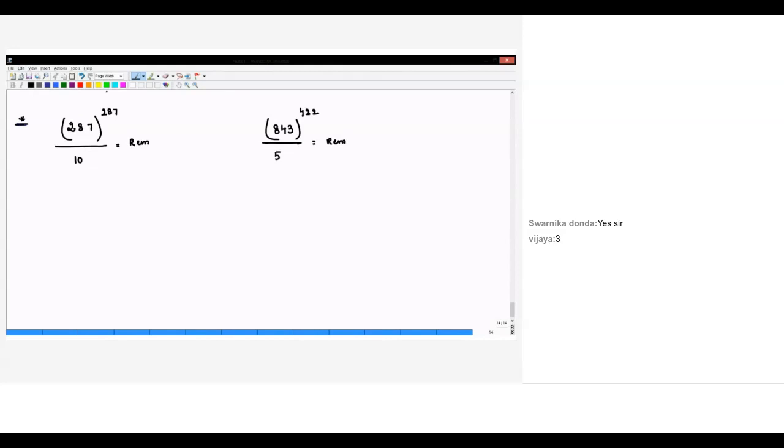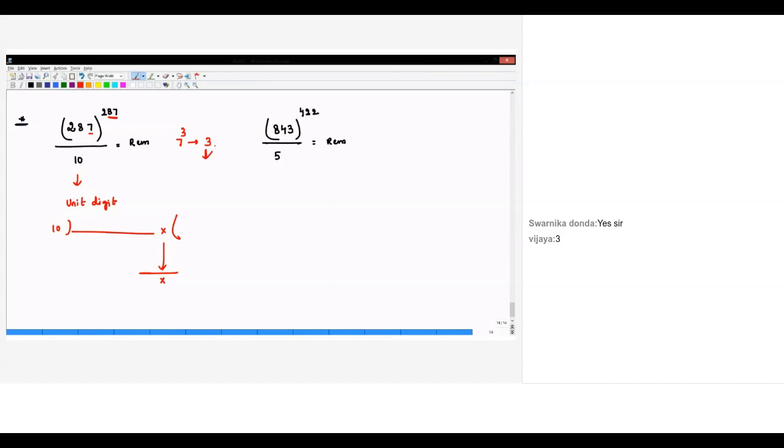So effectively, when anything is asked, like when divided by 10, the remainder, he's asking you the unit digit. Anything when divided by 10, whatever the unit digit, that unit digit will be your remainder. Okay. So in this case, 84 is gone. 7 cube ends with 3. Therefore, it ends with 3.